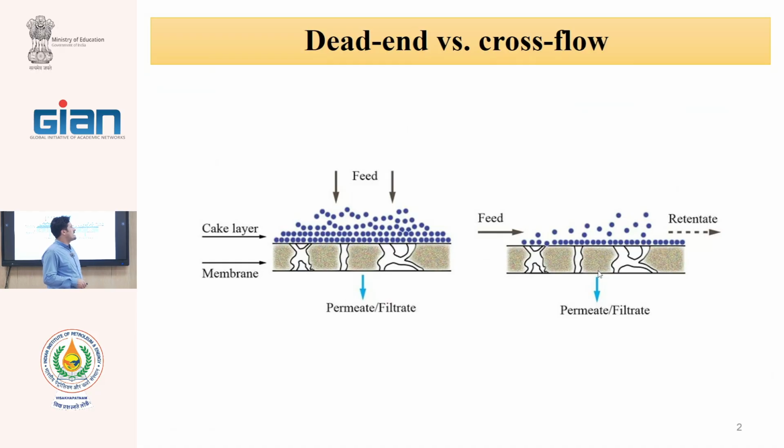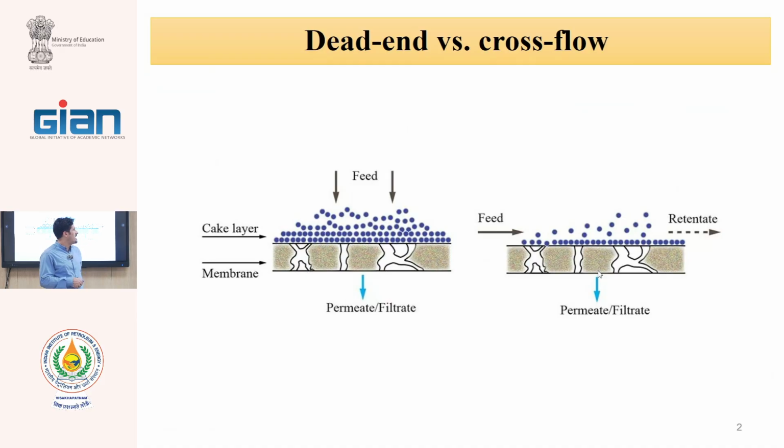But at lab scale, we mostly use the dead-end system for testing membranes, because if we want to use cross-flow cells for a fouling test, we would have to run the test for a very long time.